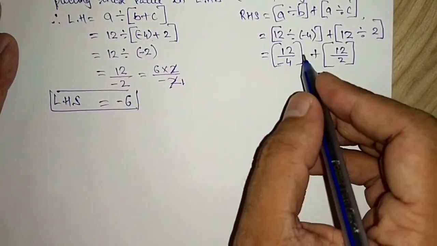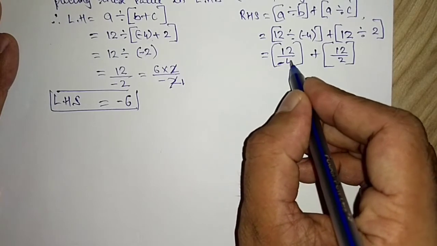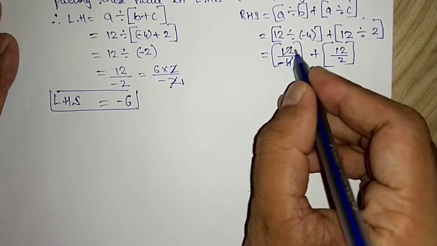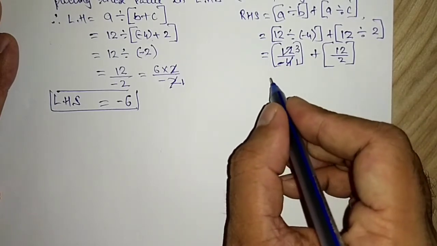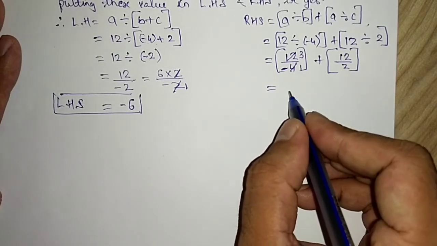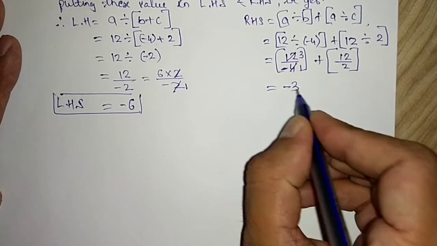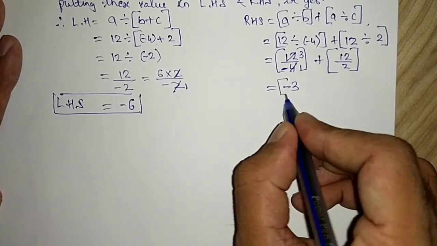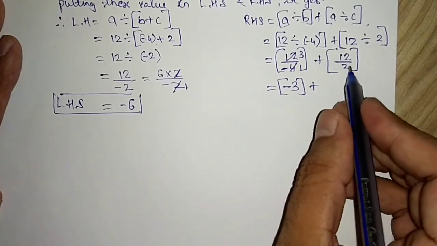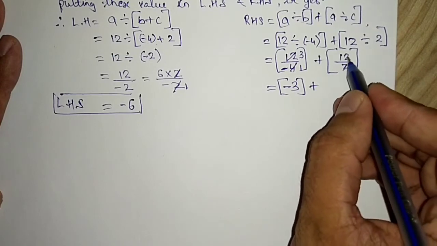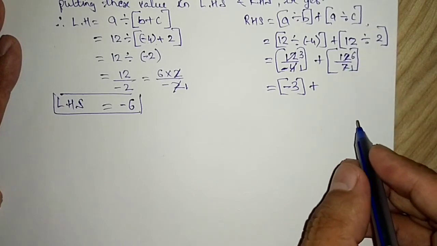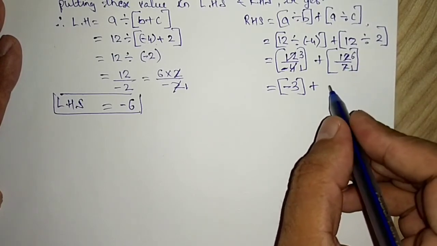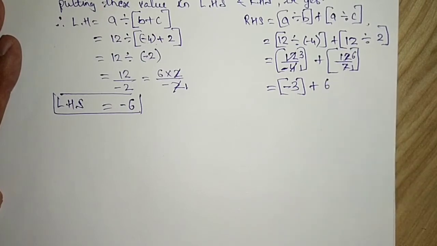Here students, in 4's table 12 goes, so 4 ones are 4 and 4 threes are 12. So I will write 3 divided by -1, which will become -3 because the minus sign will go in the numerator. So it will become -3 plus 2 ones are 2 and 2 sixes are 12, so it will be +6.